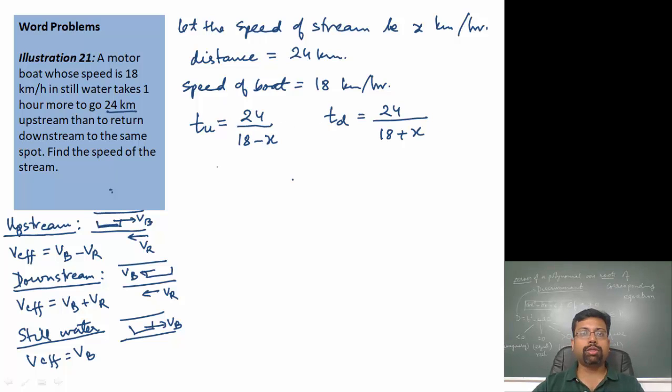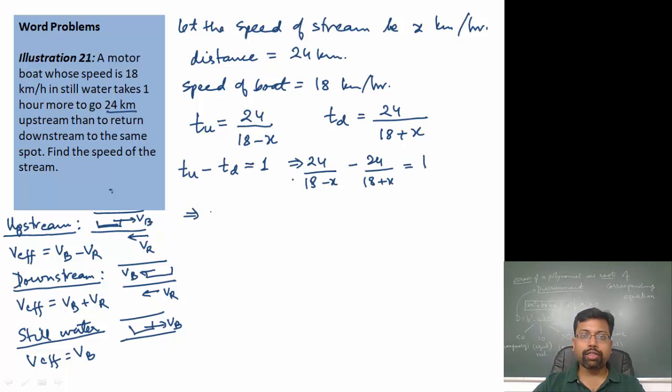So TU and TD are going to be these values, and it's given that the time taken in upstream travel is 1 hour more. So TU minus TD is 1, which means 24 by (18 minus x) minus 24 by (18 plus x) is equal to 1. Now we just need to simplify this. So you have 24 here and you take the LCM, which is (18 plus x) minus (18 minus x).